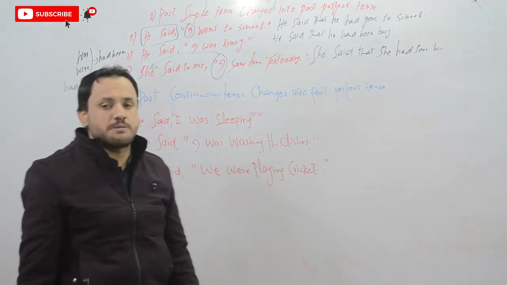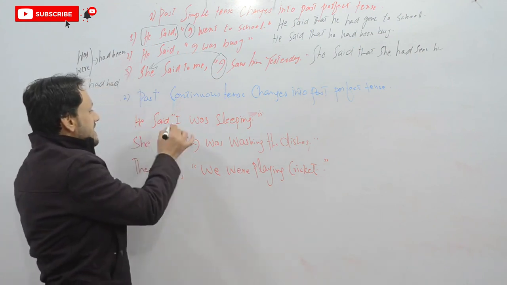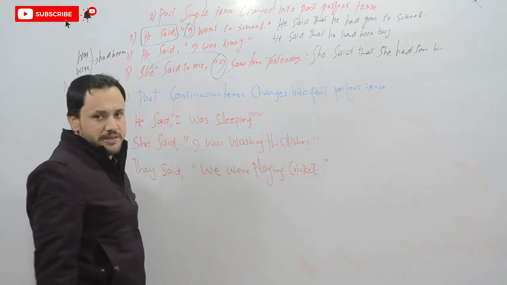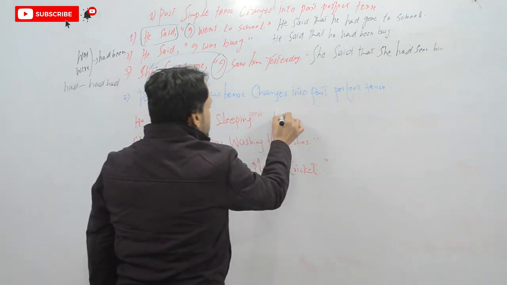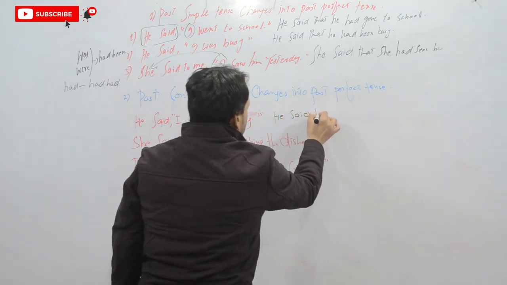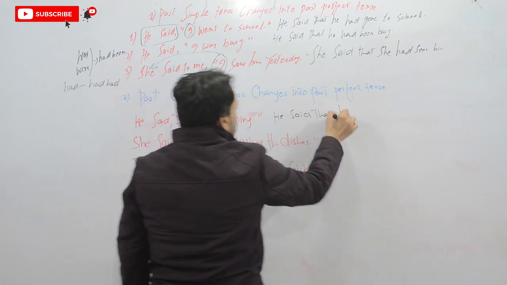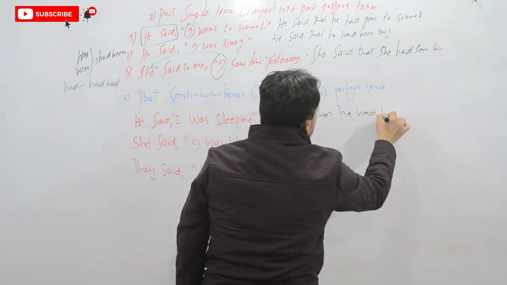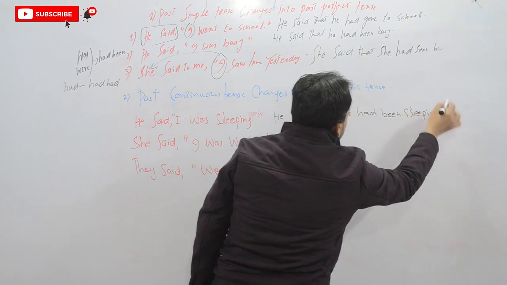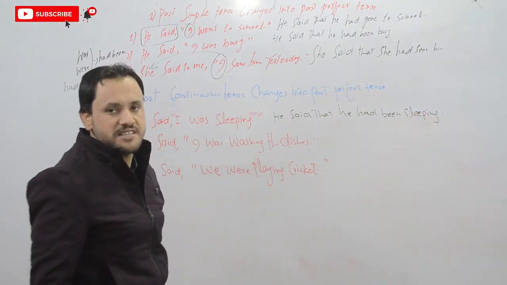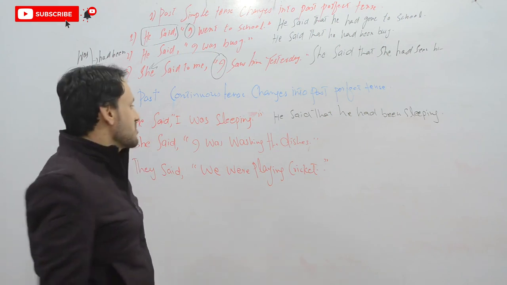Okay, past continuous tense changes into past perfect continuous. For example, he said, I was sleeping. He said that he had been sleeping.